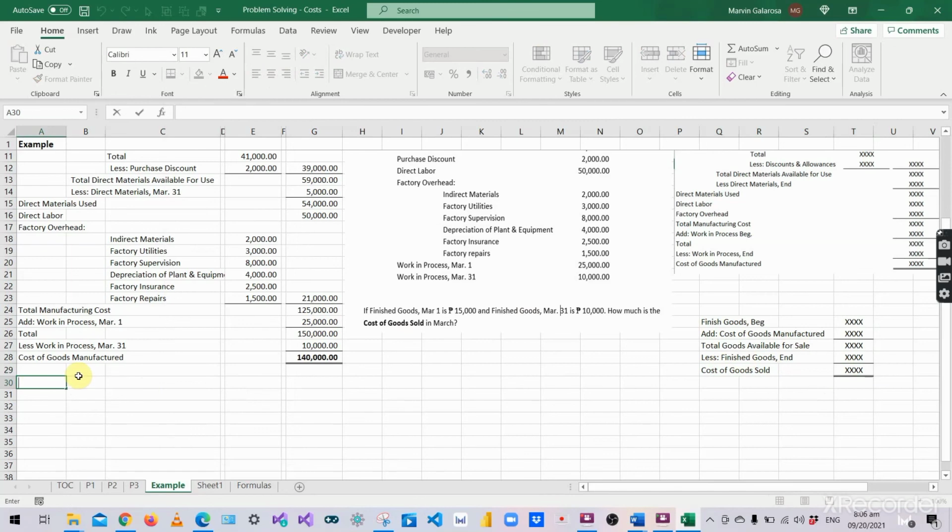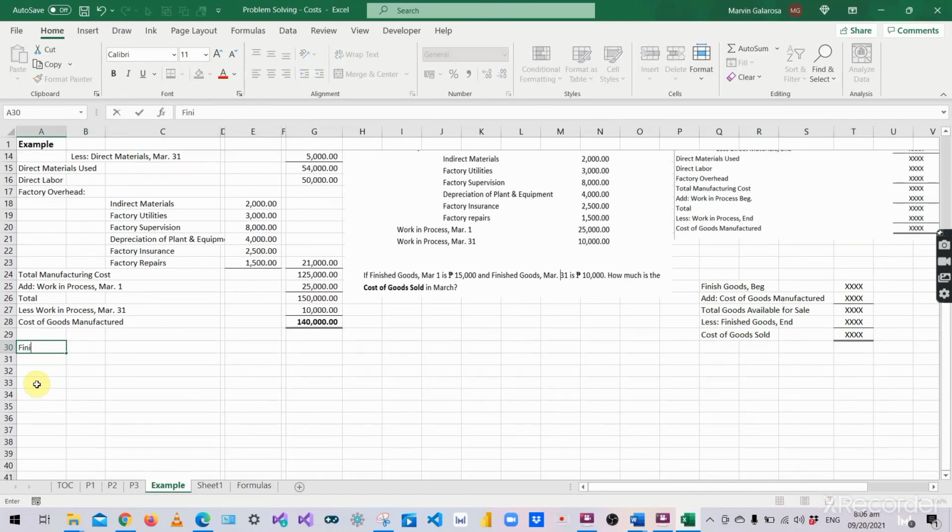So, apply natin yung formula. So, finished goods beginning, which sa example natin, yan yung finished goods March 1 na 15,000. Add mo yung cost of goods manufactured for the month.